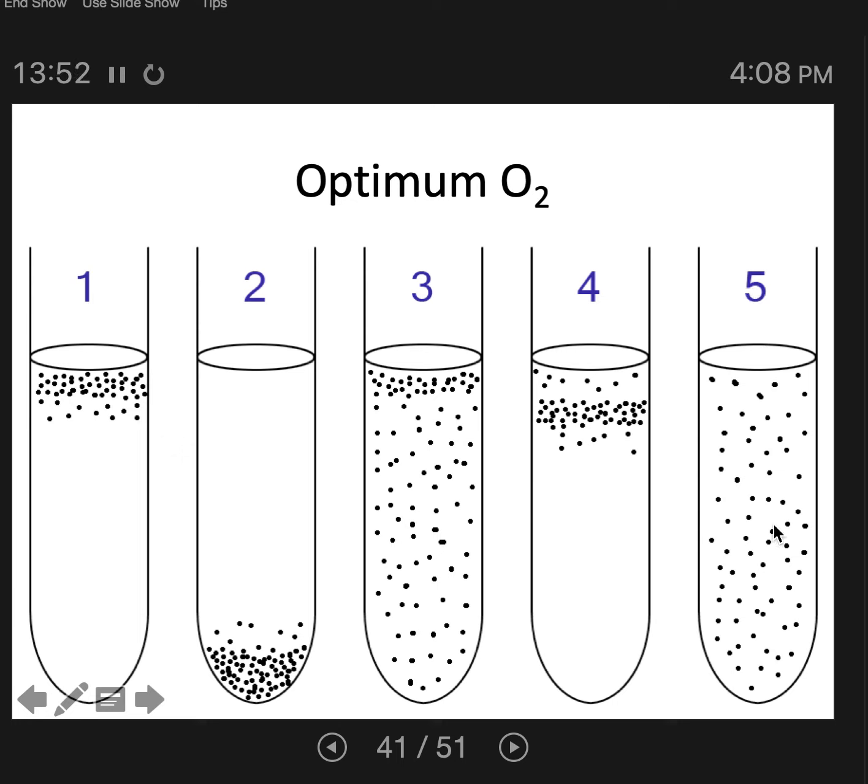So what's the difference? Well, 5 represents what are called aerotolerant anaerobes. These microbes, you can see that they're growing throughout the petri dish. They don't have an aversion to oxygen, but they don't cluster around it either. They're totally indifferent to oxygen.